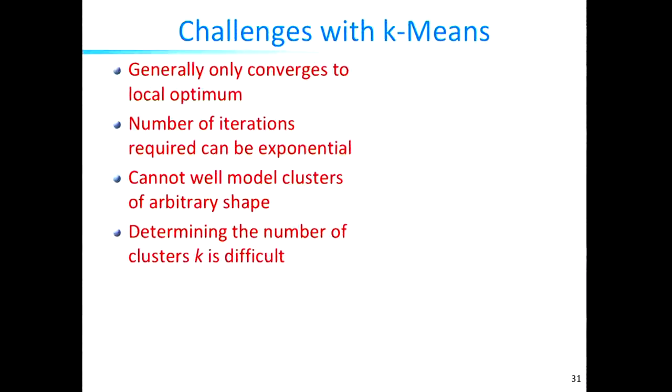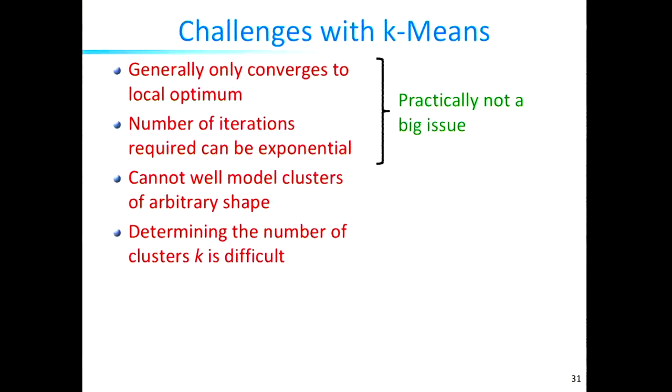Okay, good. So this is basically the list of issues with k-means, to summarize our state of affairs. We said one issue is it generally only converges to local optima. That's not so much of an issue with the right initialization, k-means++. It can in principle take a lot of iterations, not really an issue in practice with the right initialization.